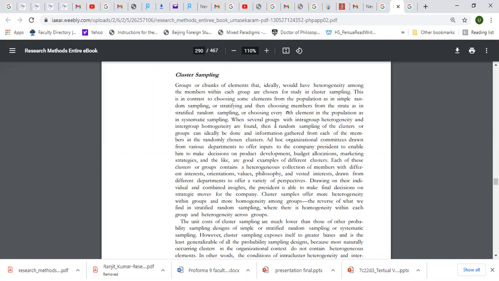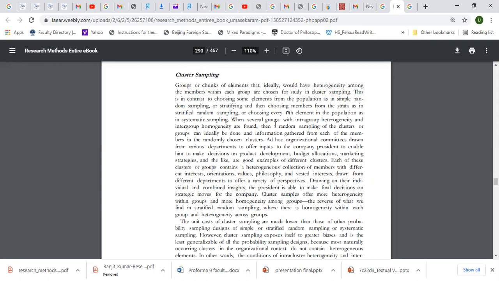For example, you already have male and female students in the group. There is heterogeneity among the group members. Means the group members are already diversified, different from one another. They don't have the same properties that you are trying to study.